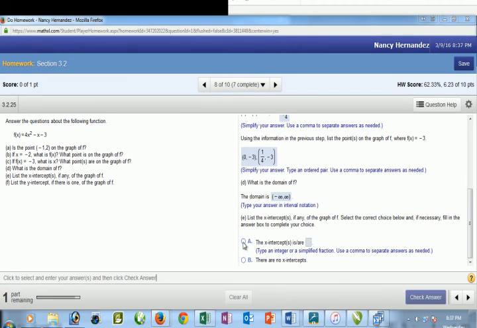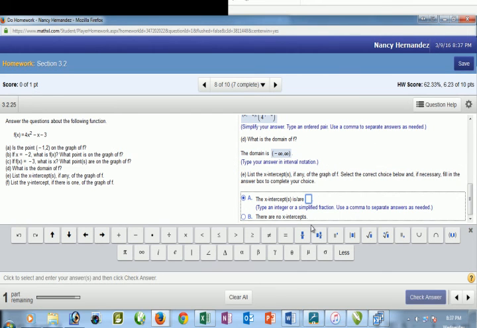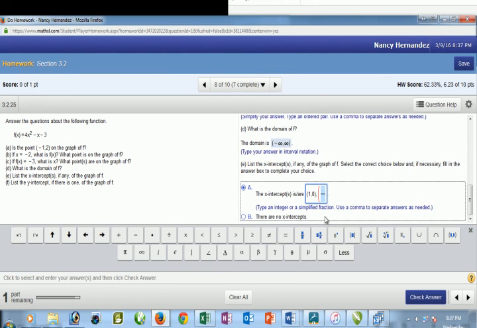The x-intercepts are, I think they want points, 1, comma, 0, and let's make that a fraction. Negative 3/4, comma, 0.